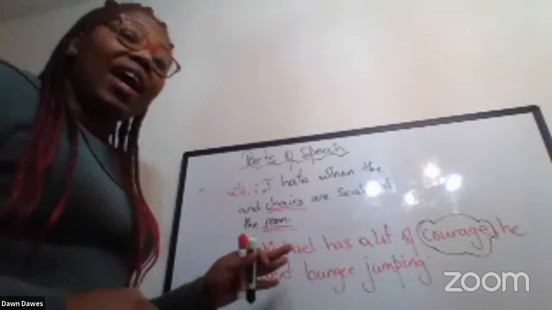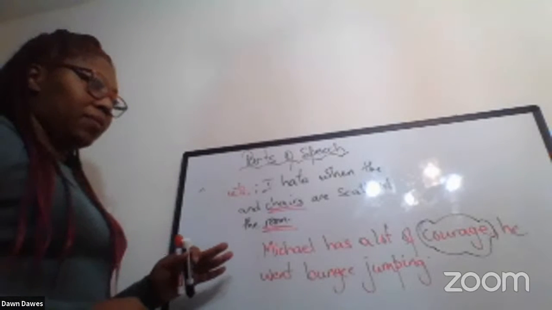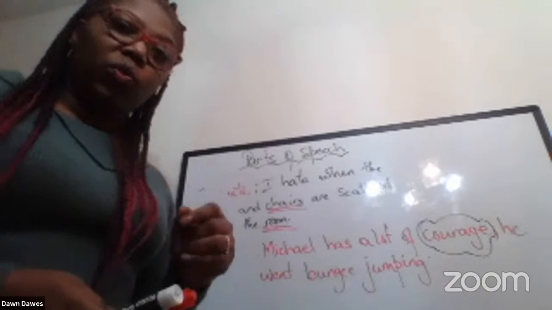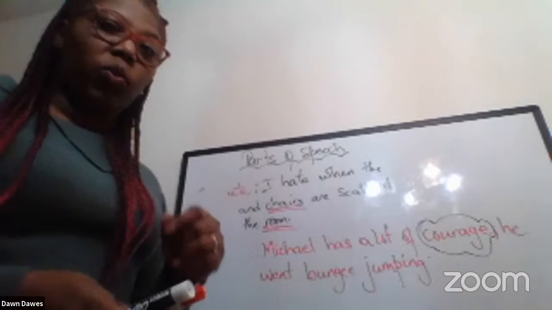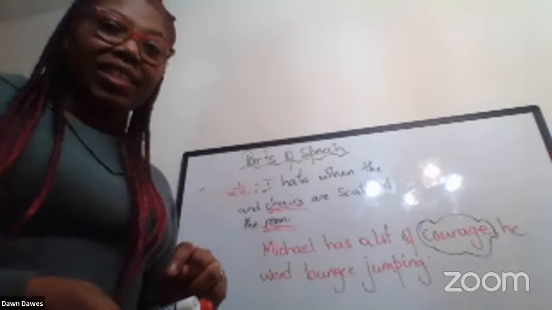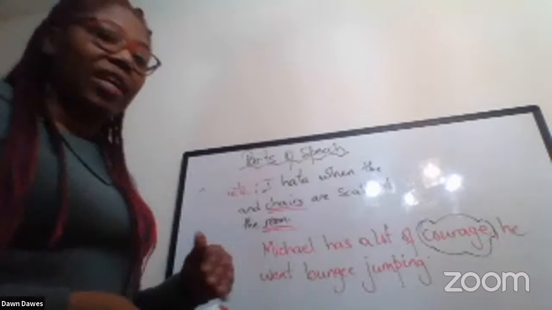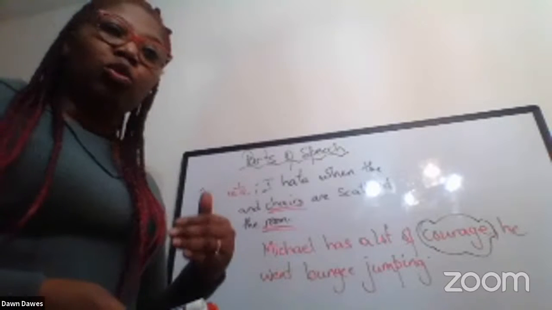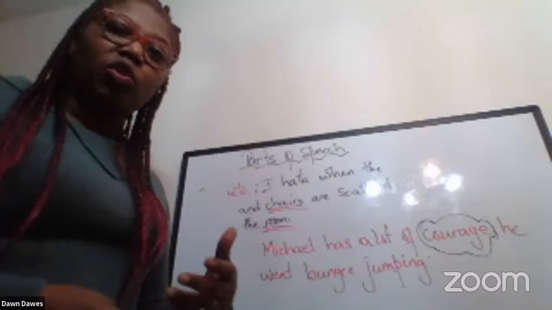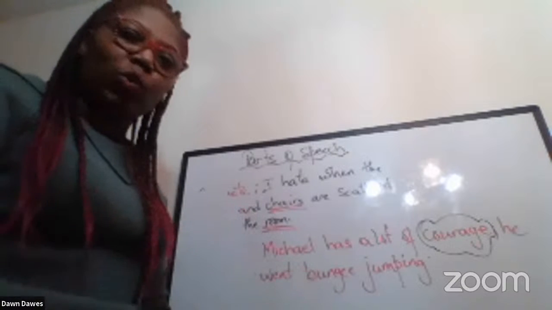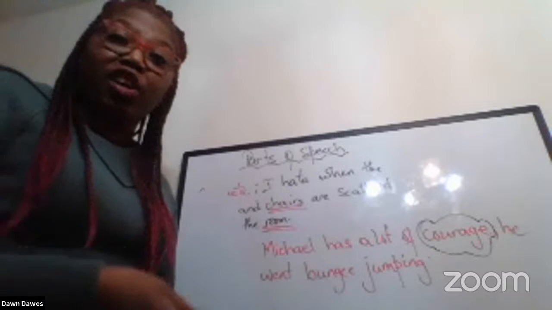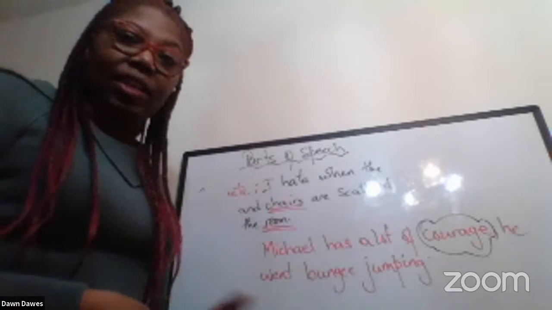Now, before I erase all of this, I hope the children who are tuning in pay attention to how I structure my sentences. And notice that when I write my sentences, I try to construct them in such a way that they're actually telling you something, not just "I am a girl" and leaving it at that.